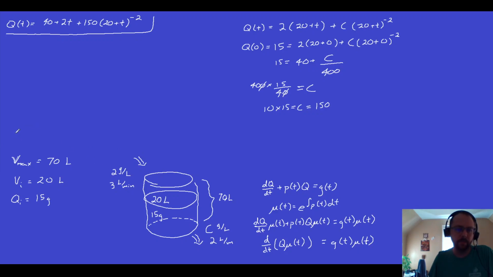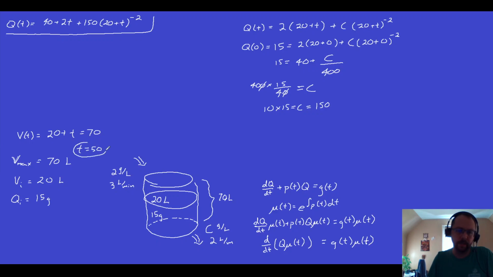So let's go back to our volume equation. It was 20 plus 3 minus 2, which is 1, times t. So when this is equal to 70, that value of t is the time that this fills. So 70 minus 20, we have t equals 50 minutes.